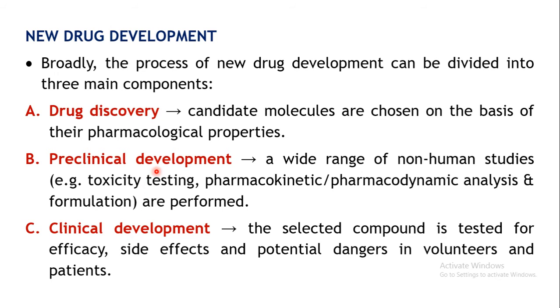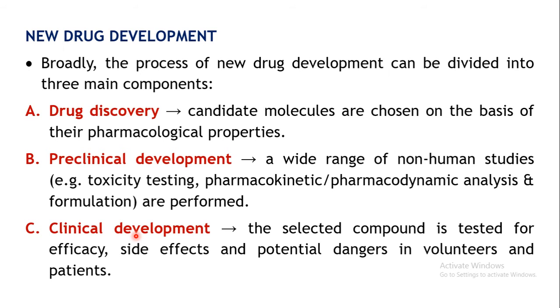When you find it safe in preclinical development, that doesn't mean that the drug is now safe and can be marketed. Before it can be marketed, it has to be studied in human beings also, in a limited number. There are several phases in which it is studied in human beings, whether you have to select healthy individuals or test the drug in the pathological states in which it is supposed to be used.